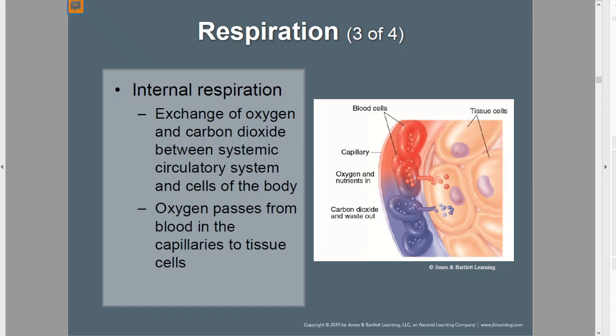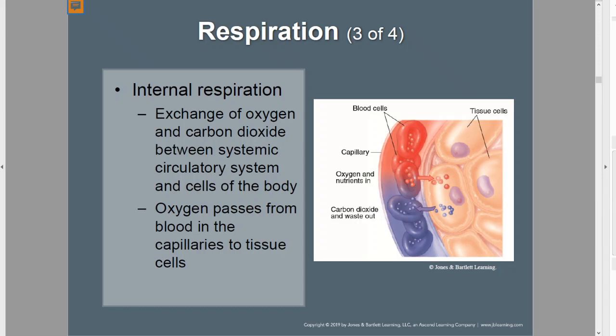And internal respiration, guys, is basically systemic. This is talking about blood traveling from the left side of the heart out to the cells. Think about internal cells, internal things that are going on, not pulmonary, but internal.